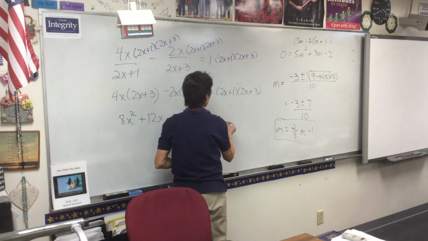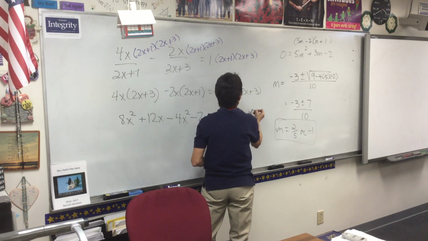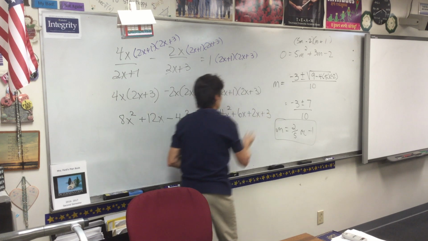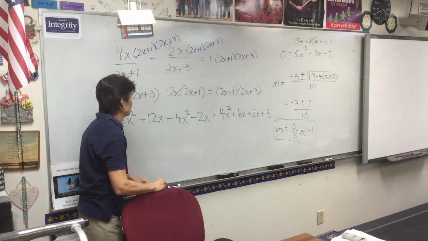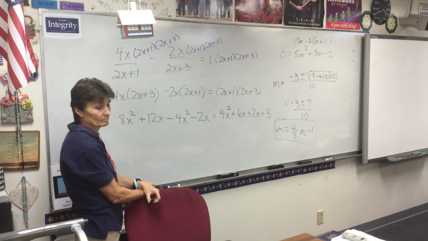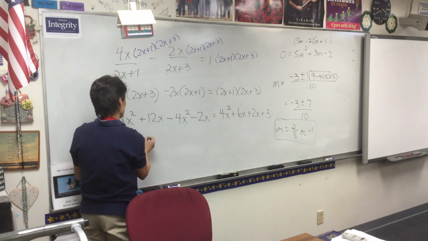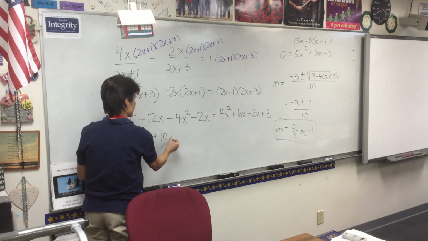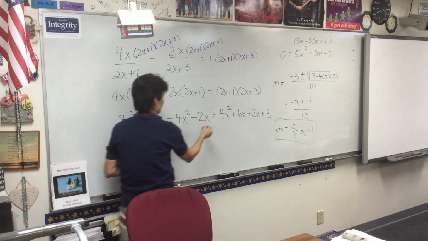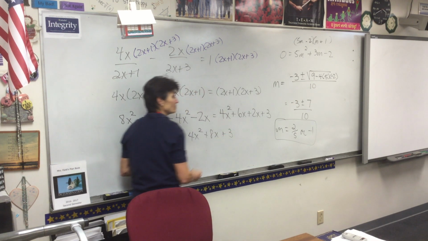And what does it equal? Here we go. 4x squared plus 6 plus 2 plus 3. Does that look okay? Alrighty, let's clean it up. It looks like we have 4x squared plus 10x equal to 4x squared plus 8x plus 3.